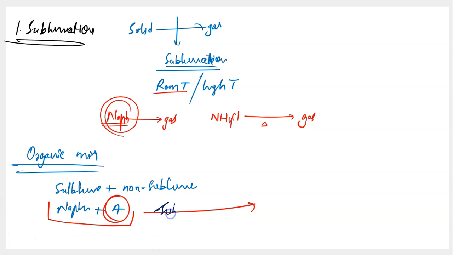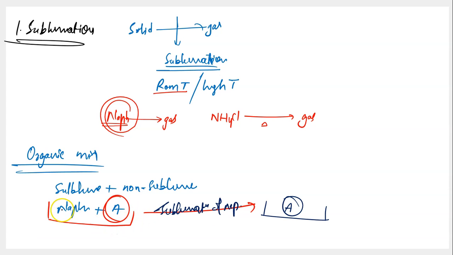If I heat this mixture, you get to see sublimation of naphthalene happening. You get to see naphthalene turning into vapor physical state and escaping out of the container, and you will have component A remaining back in the container as it is. So during sublimation, you will be turning one of the components into its own vapor physical state.